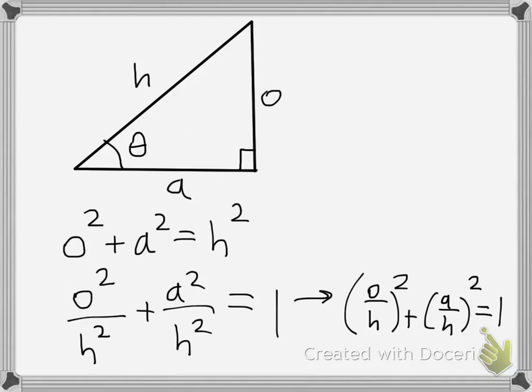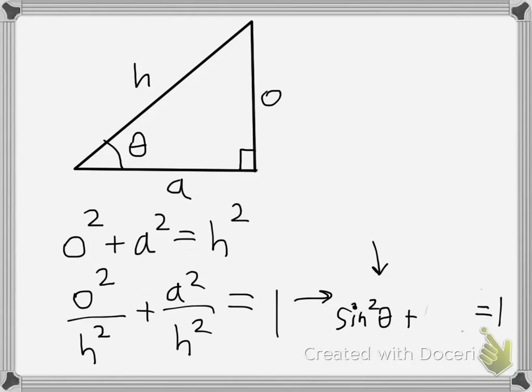We can rewrite this as (O over H) squared plus (A over H) squared equals 1, because O squared over H squared is the same as O over H, squared. But what's O over H? That's opposite divided by hypotenuse, which is just sine of theta. So we write sine squared of theta, or the sine of theta squared. And A over H is adjacent over hypotenuse, so that's cosine theta, and squared that is cosine squared theta.